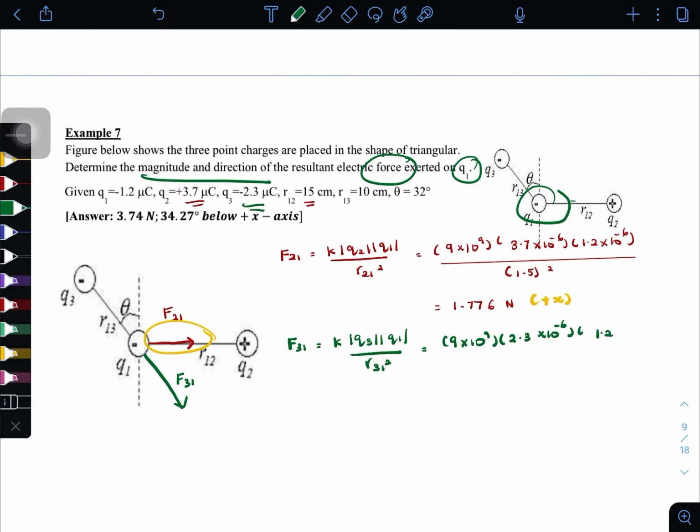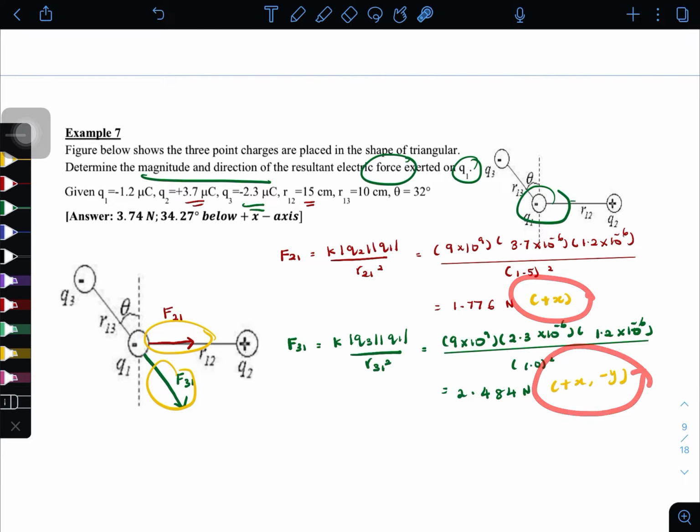Q1 is 1.2 exponent negative 6 divided by the distance between 1 and 3, which is 10 centimeter. 1.0 square. So kalau kamu kira, kamu akan dapat 2.484 Newton, dan dia berada di positive X and negative Y. So disebabkan dia bukan berada di komponen yang sama, we need to resolve.